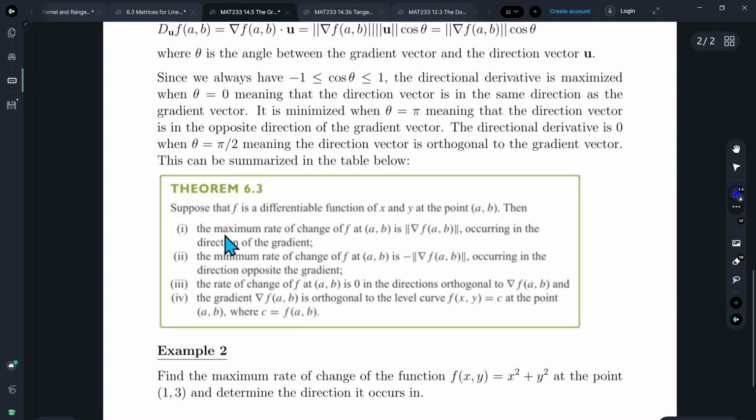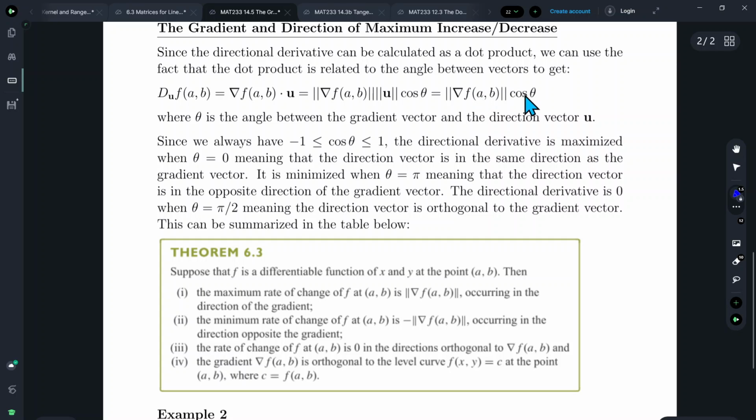The maximum rate of change is when the cosine is 1, so that's just this value here, and it occurs in the direction of the gradient. The minimum value is when the cosine is -1, and it occurs in the direction opposite of the gradient, and this is equal to 0 when they're perpendicular.